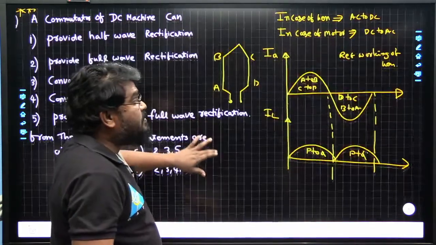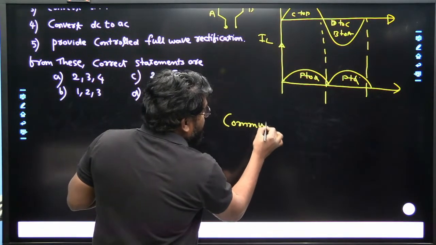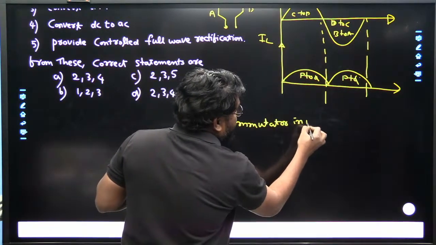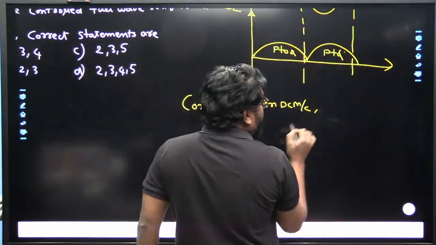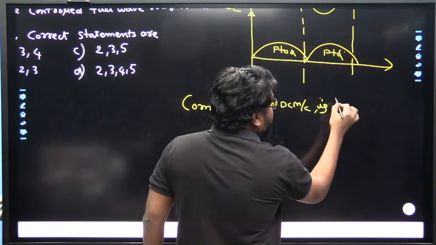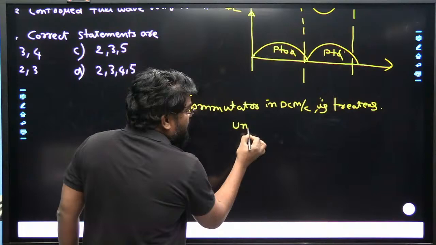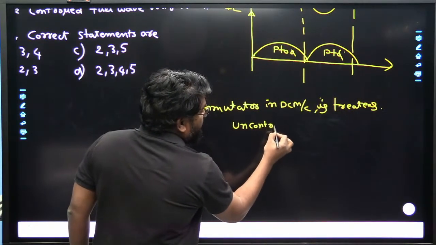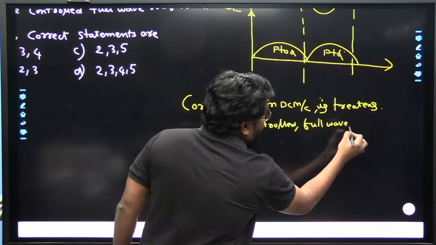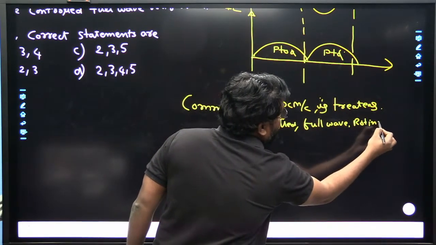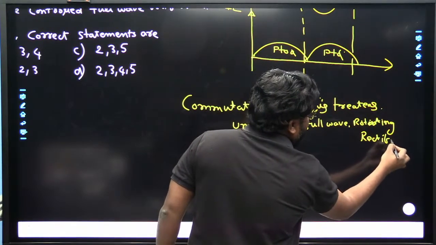That's why the commutator in a DC machine is treated as an uncontrolled full wave rotating rectifier.